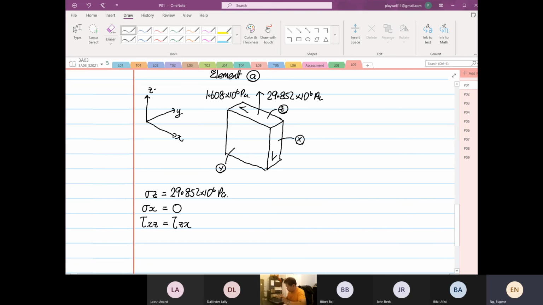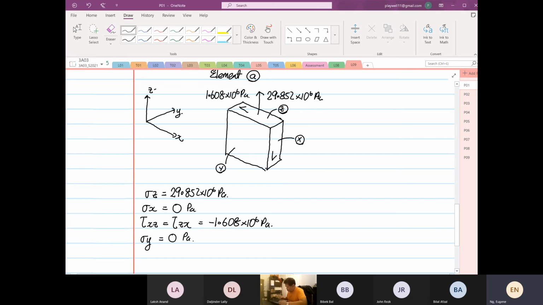Don't worry about all this XZ, ZX first. Later on I'll teach you how to define them. So this is equal to minus 1.608 times 10 to the power 6 Pascal. And then we realize that stress Y on its own is also equal to 0 Pascal.